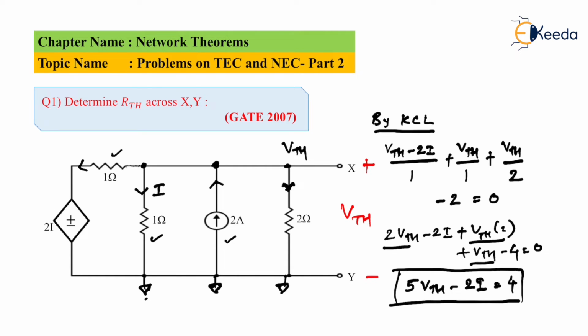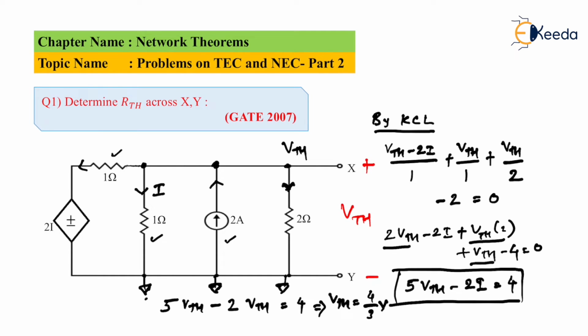If I do so, it will be 5 times VTH minus 2 times VTH, which will be equal to 4. So I'll get 3 times VTH equal to 4. Resultant VTH will be simply 4 by 3 volt.